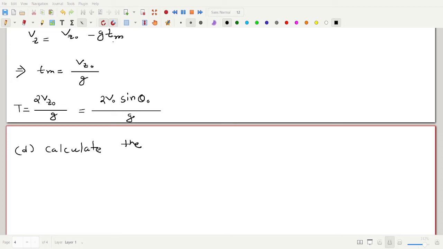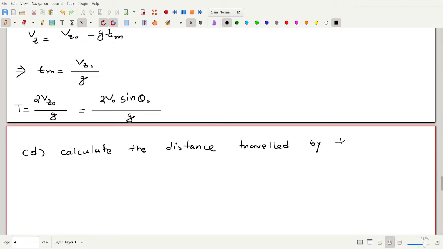The question needs us to calculate the distance traveled by the projectile just before it reaches the ground.